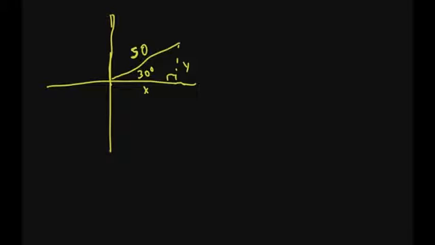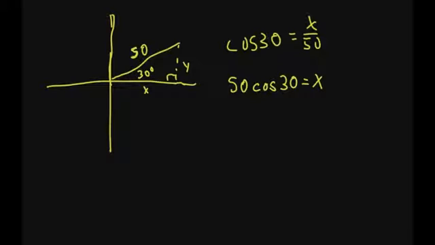So if you're thinking x, we would do the cosine of 30 equals our adjacent, which is x, over 50. So to solve that, we do 50 cosine of 30 equals x. Type that in the calculator, and we would get about 43.3.